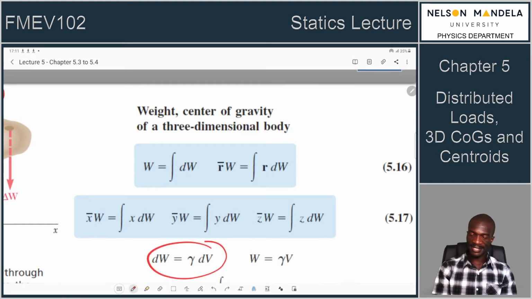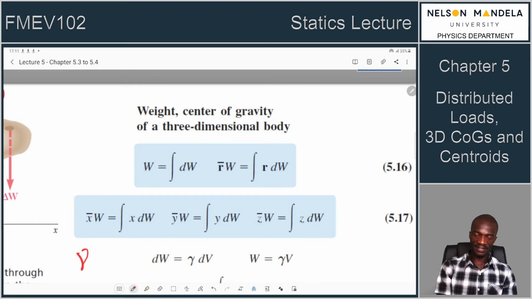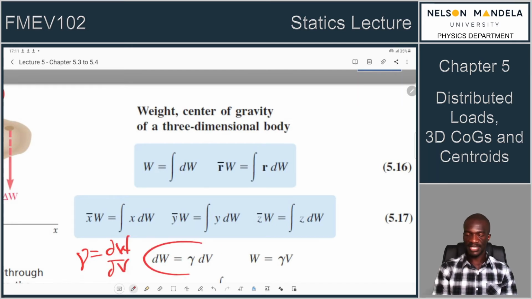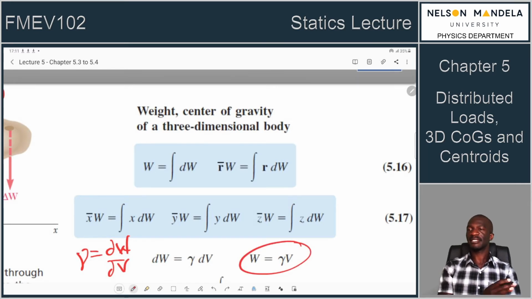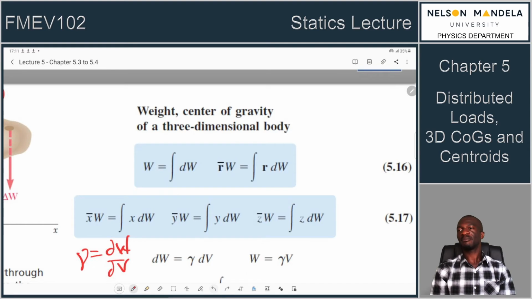In other words, this is just defining the specific weight to be dW over dV. So when it is rearranged, it looks like that. And when we look at the integral of this equation, we will obviously get the second equation. The weight is equal to the specific weight multiplied by the total volume.